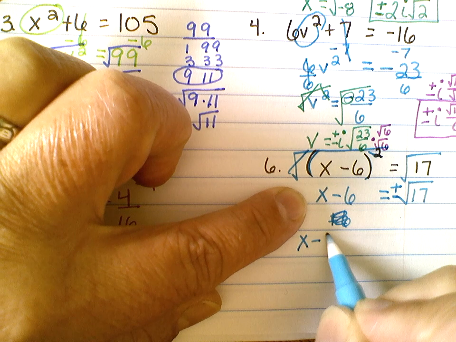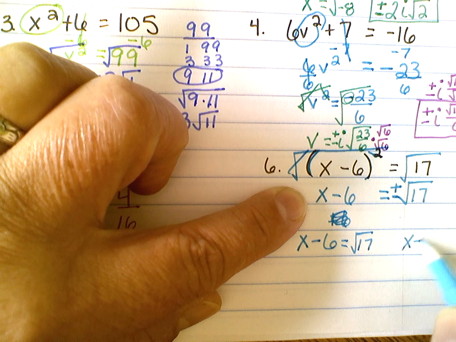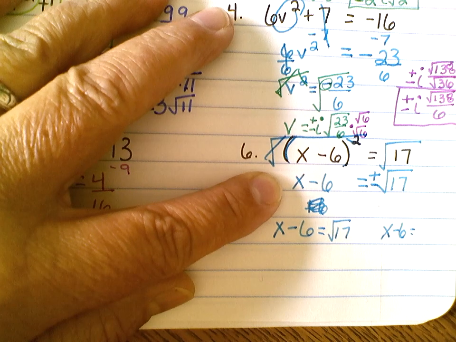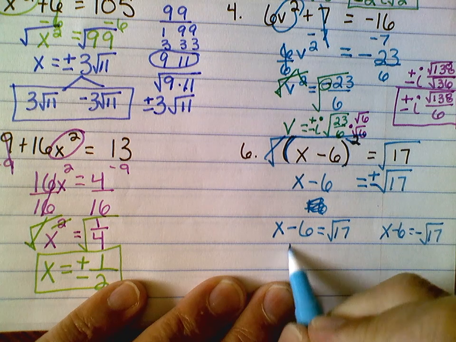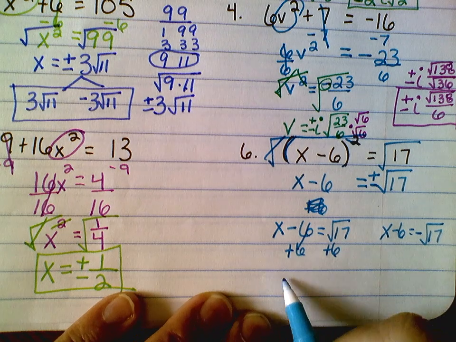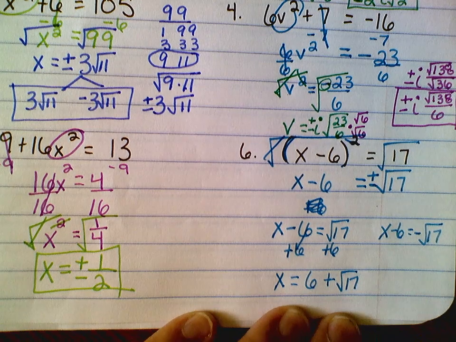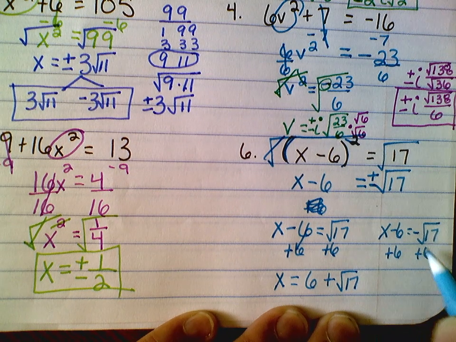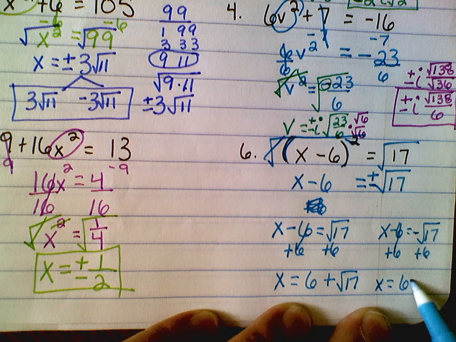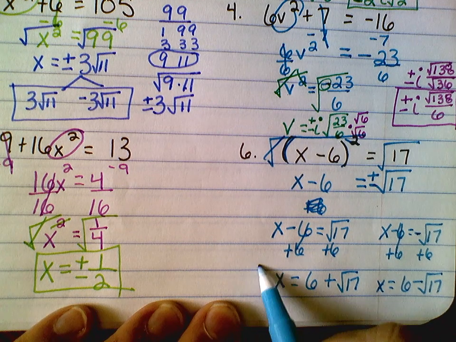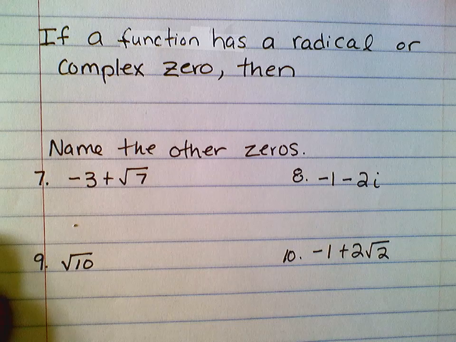I have x minus 6 equals a positive square root of 17, and I have x minus 6 equals a negative square root of 17. So that when I add the 6 over, here I have 6 plus the square root of 17. And when I add the 6 over here, I have 6 minus the square root of 17. Those are my 2 solutions.